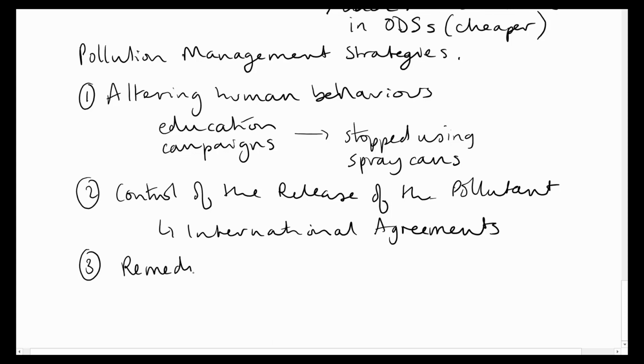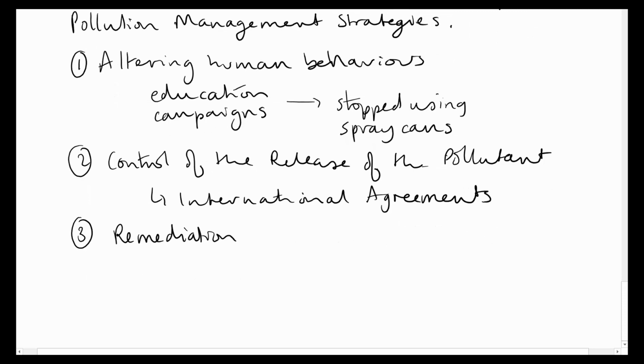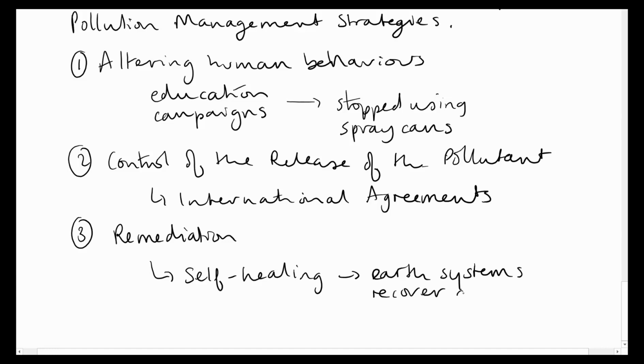It's about getting things back to the way they were or improving the environment. And this is only done by, you could say, self-healing. The Earth's systems just recover over time. And there's not much we can do to help that other than to stop the ozone depleting substances in the first place.